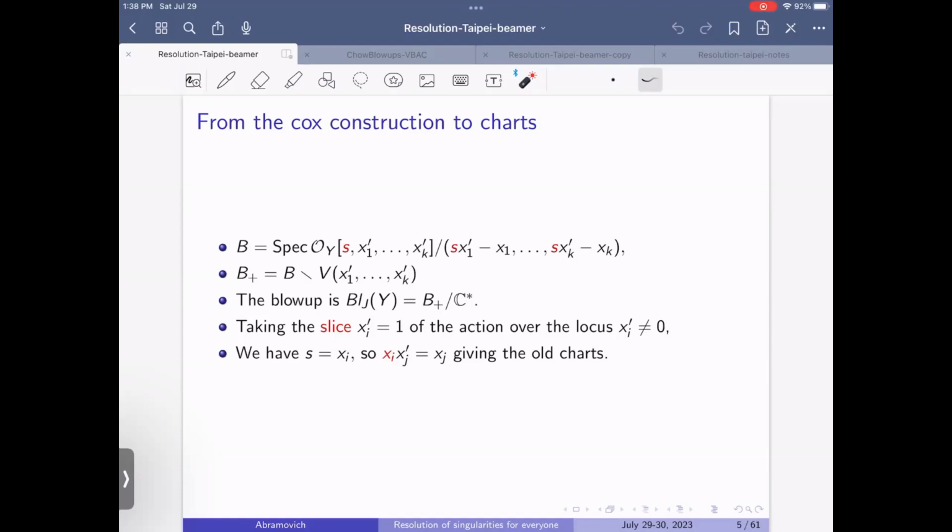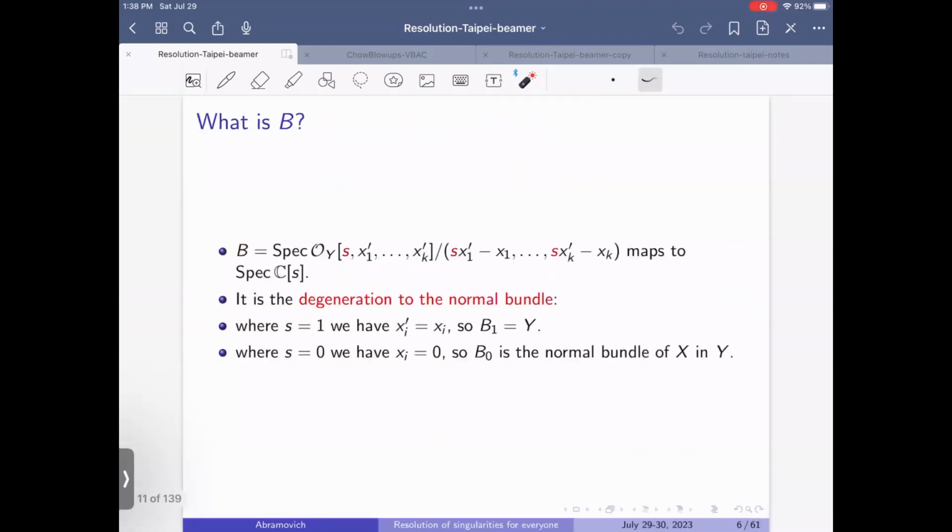B is the deformation to the normal bundle. B has variable s and the extra xi prime. Because there's a variable s, it maps to spec C of s. So it maps to A1, right?